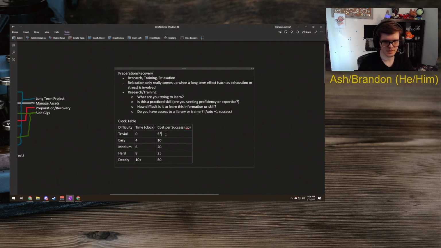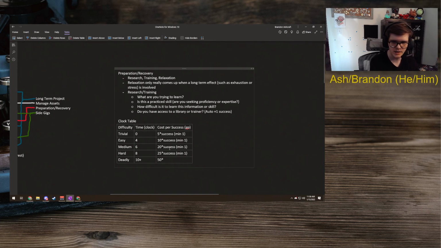And that'll be times this. You're paying 5 gold no matter what, basically. And I may have to play with these numbers, but this is just something to give us a baseline.